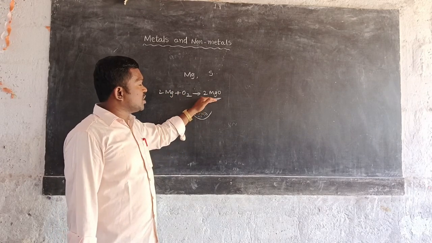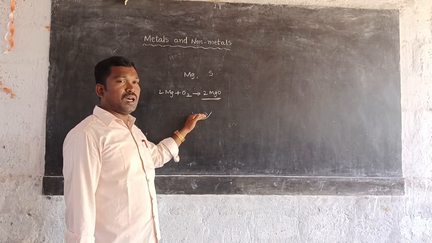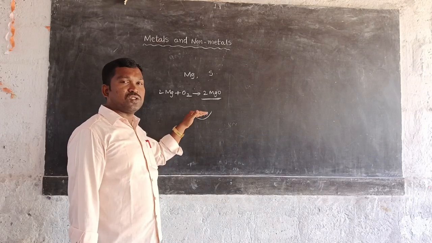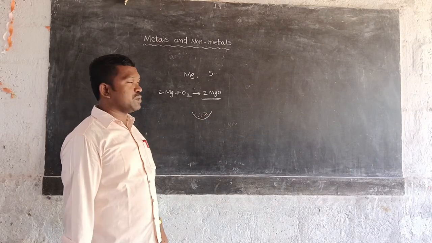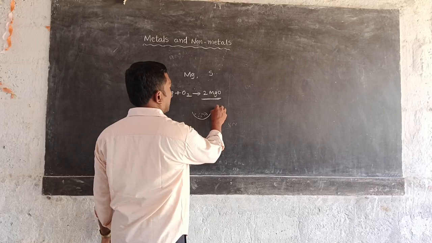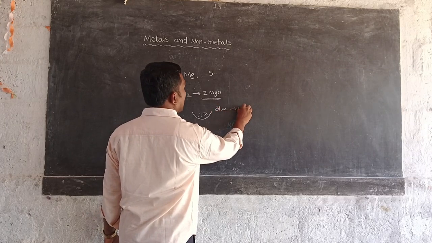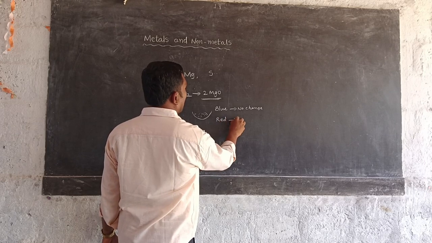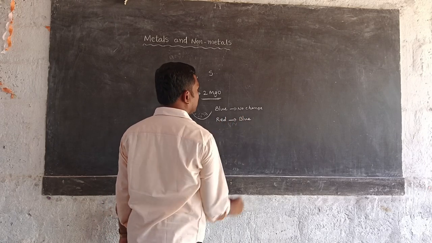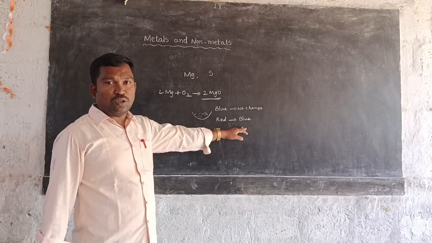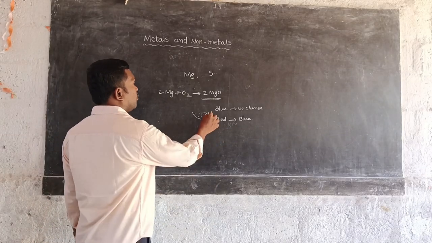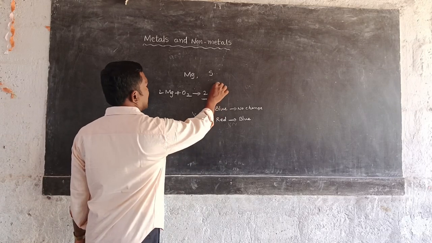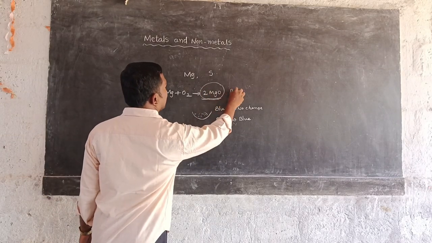When magnesium oxide is added to water, the magnesium oxide dissolves in water, and we test the solution with the blue and red litmus paper. Blue litmus paper shows no change, but red litmus paper turns blue. So the substances that turn red litmus to blue, that substance's nature is basic nature.